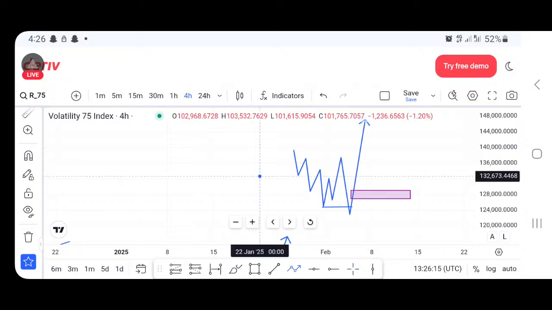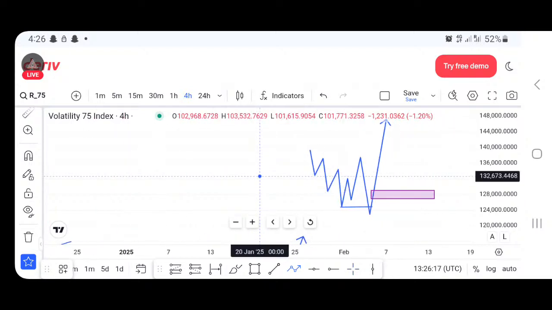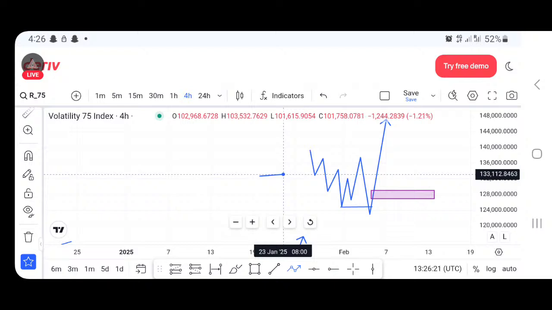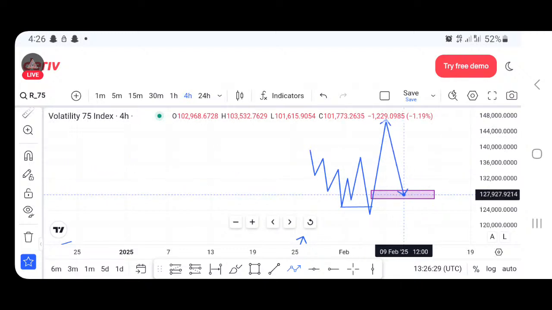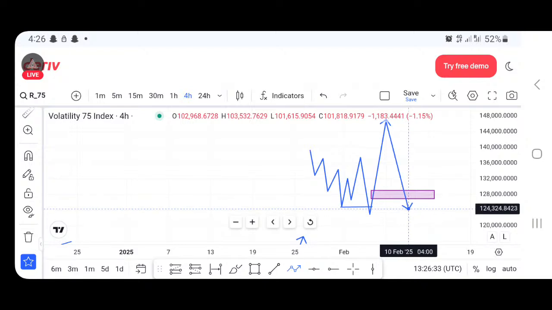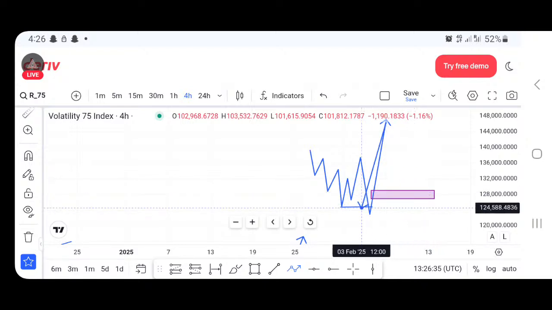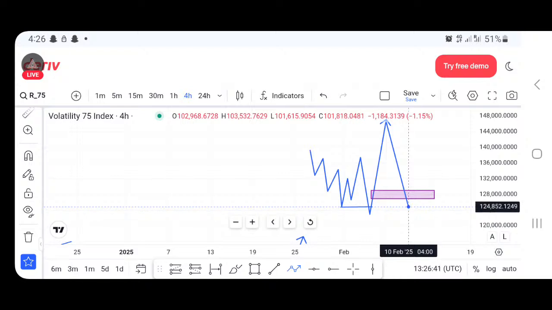So you wait for the market to come here and fill the fair value gap, or touch the order block, or make what, an inverted head and shoulders, where we get our sniper entry. Are you getting the point?